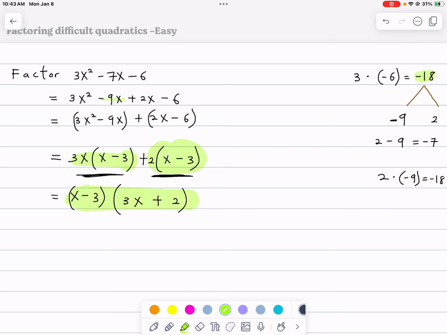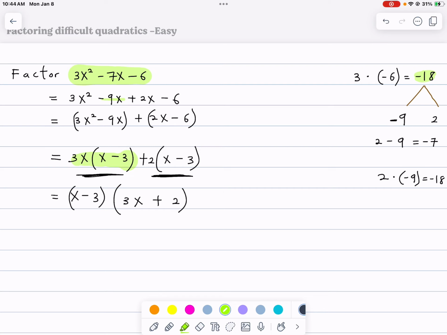So I'm just quickly going to go over it again. If you want to factor an expression like this, you look at the coefficient of the x squared term, which is 3 in this case, and the constant term, which is negative 6. You multiply those together. In this case, we got negative 18. Then you find two numbers such that when you multiply them, they give you negative 18, but when you add them, they give you the coefficient of the middle term.